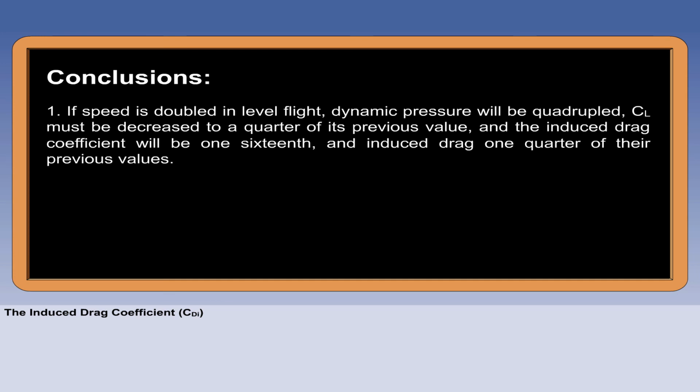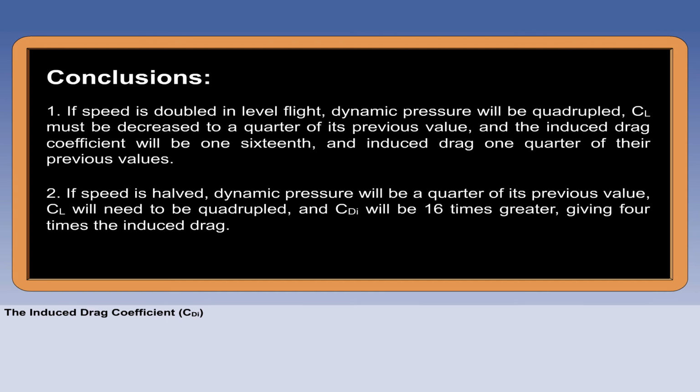The conclusions are that if speed is doubled in level flight, dynamic pressure will be quadrupled, CL must be decreased to 1/4 of its previous value, and the induced drag coefficient will be 1/16, and the induced drag 1/4 of their previous values. If speed is halved, dynamic pressure will be 1/4 of its previous value, CL will need to be quadrupled, CDI will be 16 times greater, giving 4 times the induced drag.